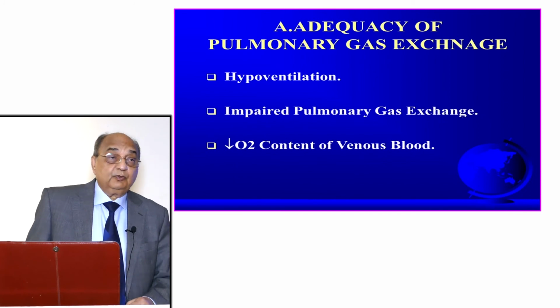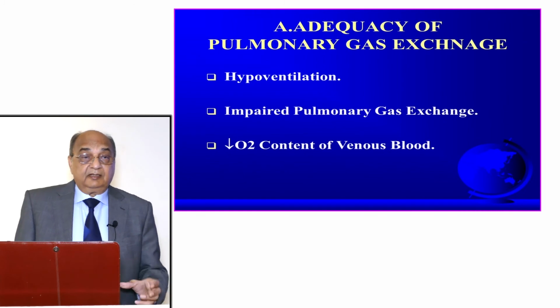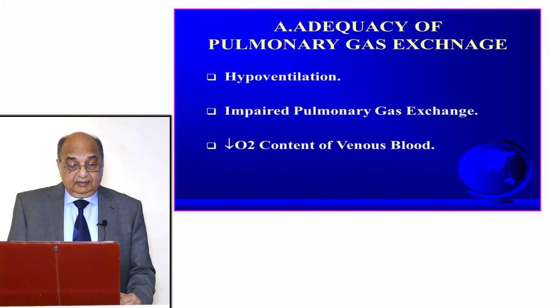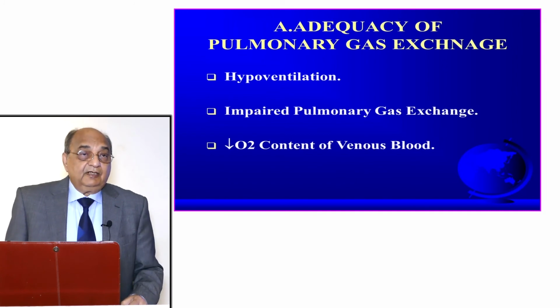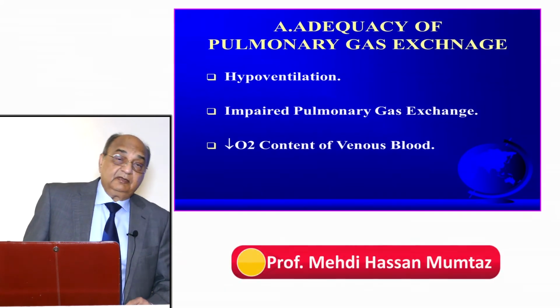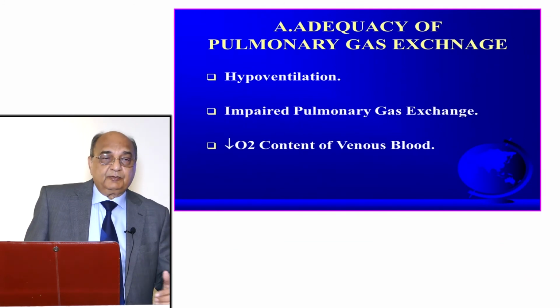It means we will have to look at the blood gases also and whether they are fulfilling our criteria or not. Third thing is whether there is decreased oxygen content of venous blood. We will have to look at the partial pressure of oxygen in arterial blood and the oxygen content of the arterial blood and venous blood also.